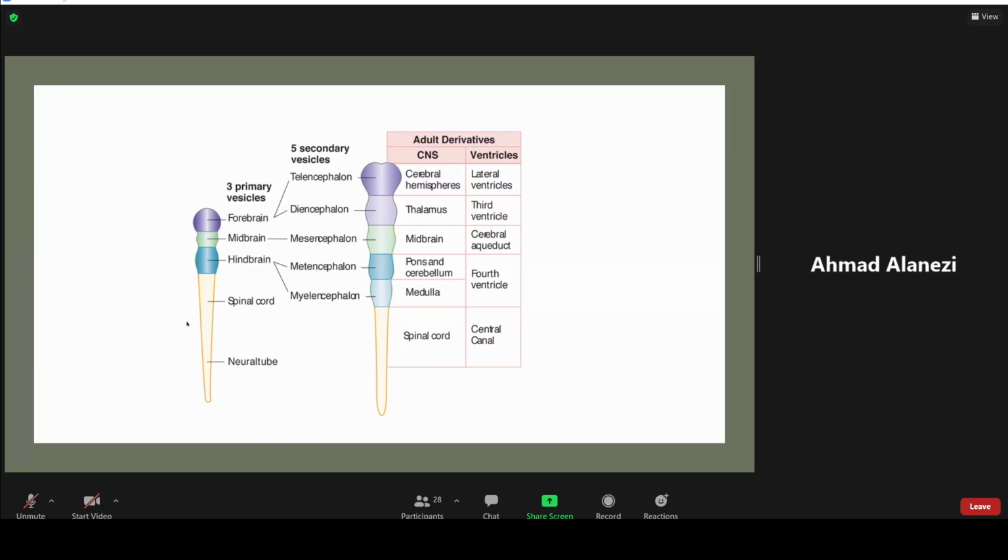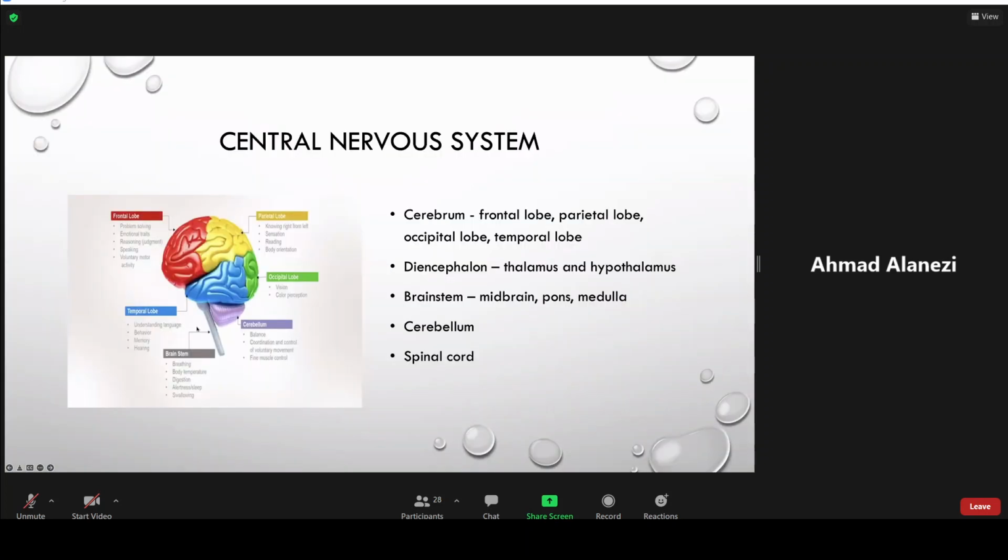That's just to give you an idea about the origin of the spinal cord and how it's differentiated. Of course, there are a lot of folds and things that differentiate further to give us this beauty, the complex brain, and this is just structure.